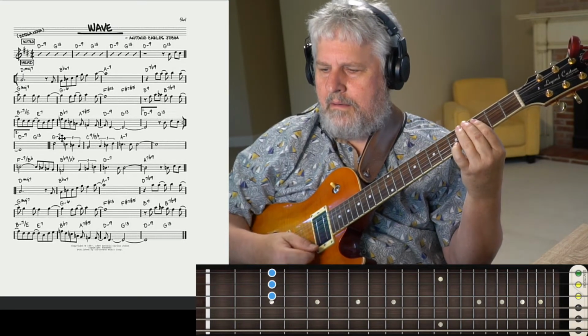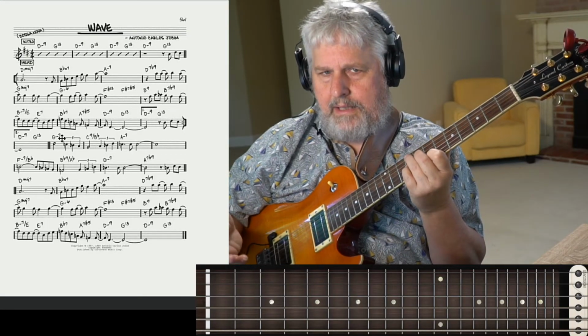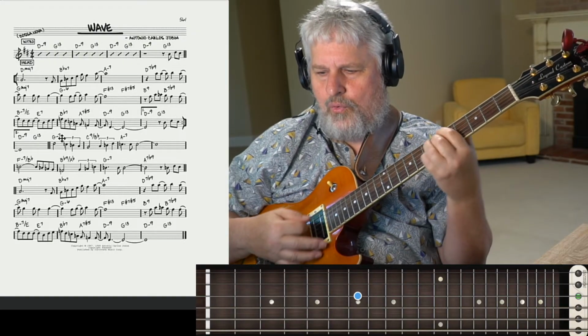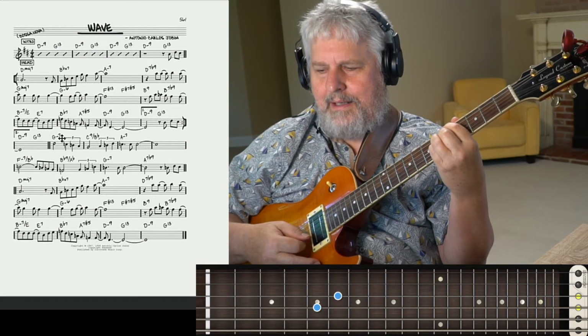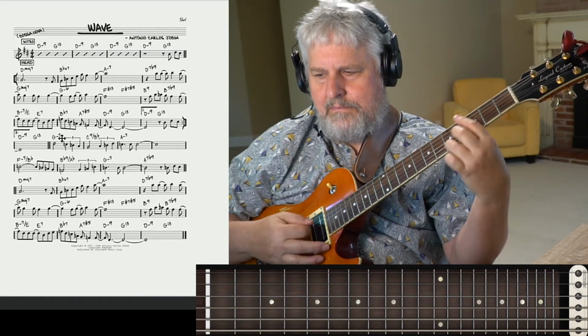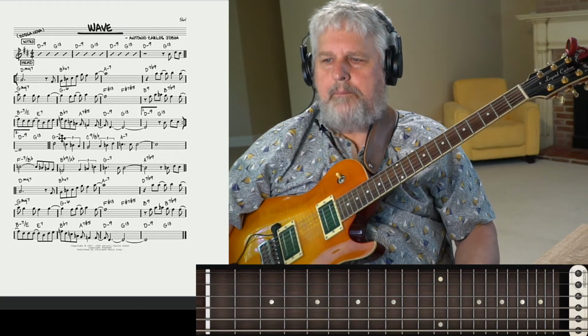And then G minor, and then the cycle. I'm not getting into the more interesting chords yet, and then we end up back at that from as we had at the top.